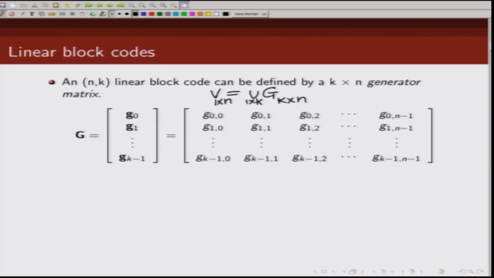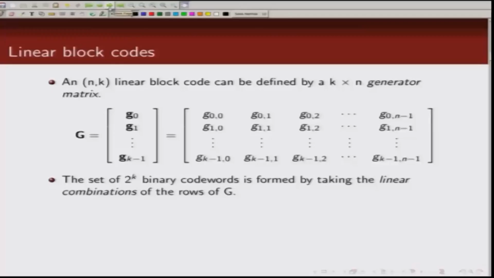So, how do we find code words? We find code words by taking linear combinations of rows of the generator matrix. In case of binary codes, the entries in the generator matrix are either 0 or 1, depending upon which bits are used to generate a particular coded sequence. So, we form a set of 2^k code words by taking linear combinations of rows of the generator matrix.